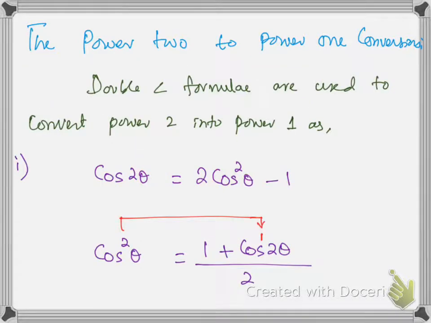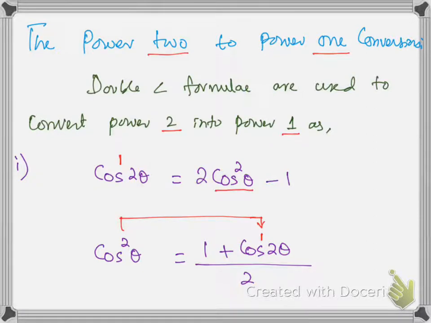The power 2 to power 1 conversion. This is very important. Double angle formulae. The double angle formulae are used to convert power 2 into power 1. See, this is power 1 and this is power 2. So if you want to convert power 2 into power 1, then you can just make this thing subject.